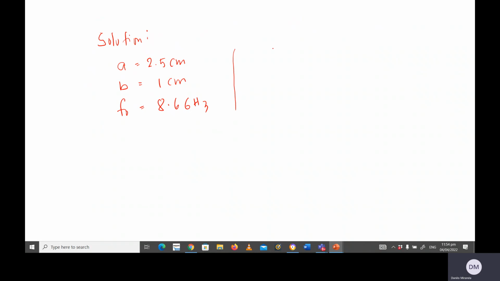Now the operating lambda, okay, is C over operating frequency. Speed of light 3 times 10 to the 8 over 8.6 times 10 to the 6 rather. So this is around 3.488 centimeter. Kindly double check it out. That is your operating lambda.